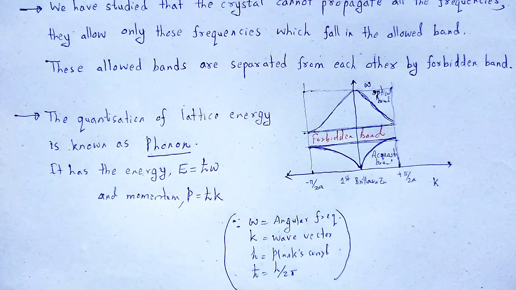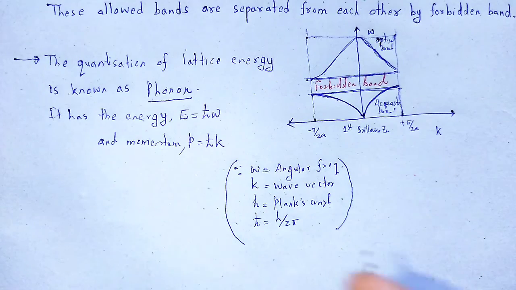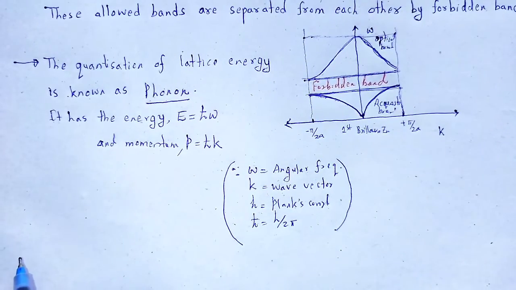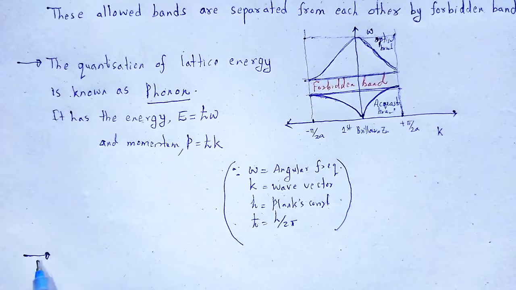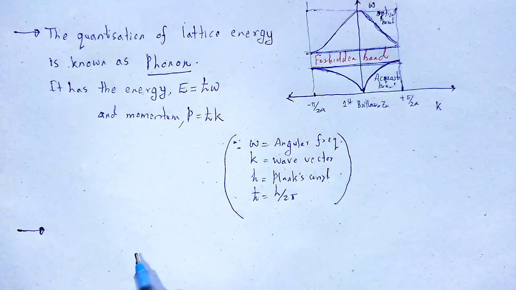So how do we generate the spectrum in solids? By using phonons. Let us see, in the lattice, each atom is represented just like an oscillator.